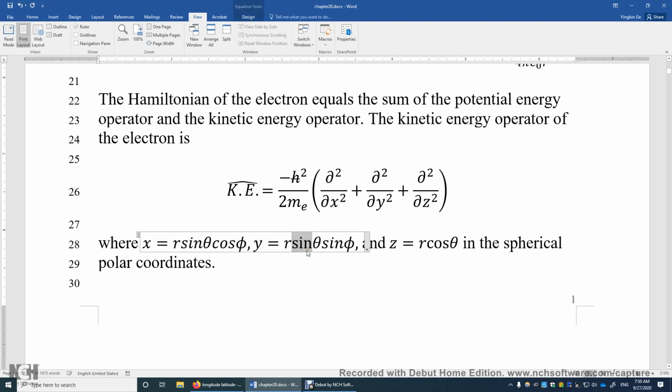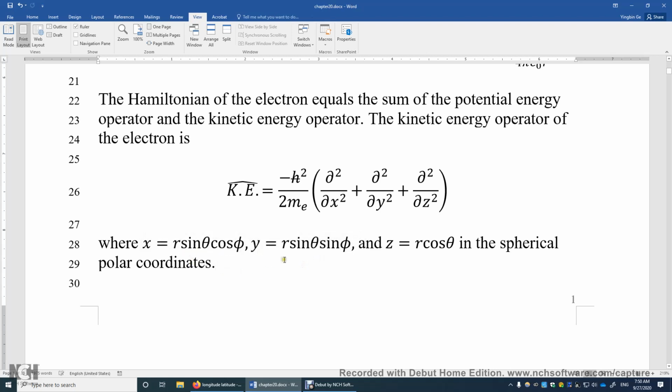It's not r anymore, it's r times sine theta. And then to define x and y, we need to multiply this r sine theta by cosine phi for x, by sine phi for y. Alright, so this is basic trigonometric functions.